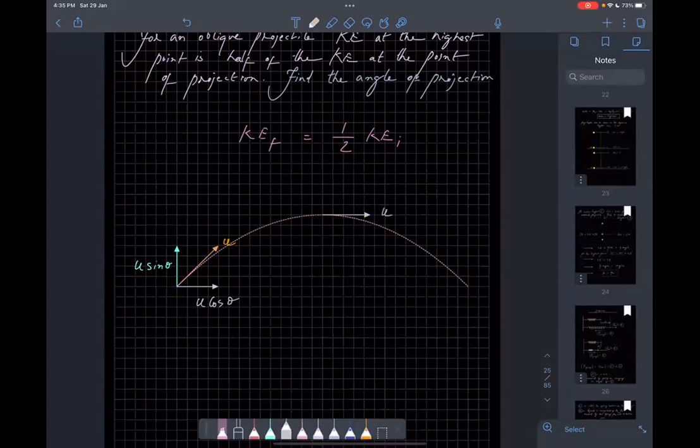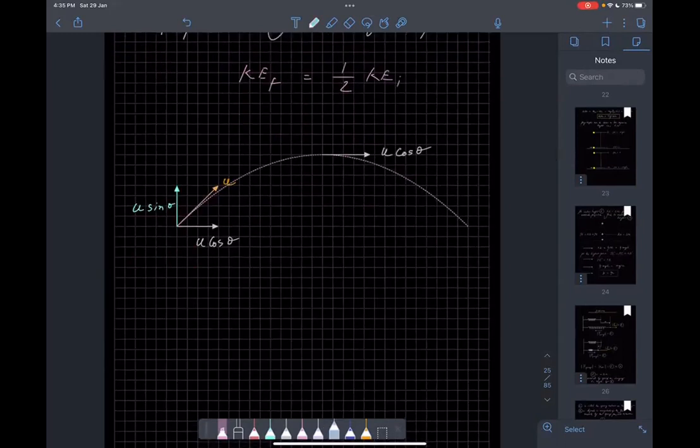So u sin theta changes. Basically, this u sin theta will slowly decrease and become zero, and it will become negative after the highest point. Clear?